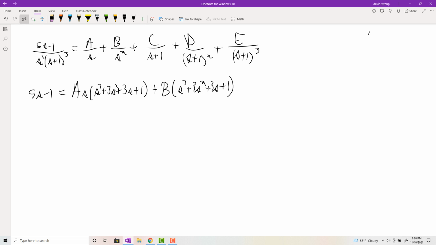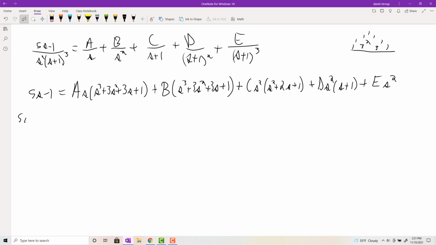I just know it from Pascal's triangle, right? 1, 3, 3, 1 are the coefficients on that. Anyways, moving on to c, so plus c, we'll need an s squared, and then s plus 1 squared is s squared plus 2s plus 1, plus d s squared times s plus 1, plus e s squared.